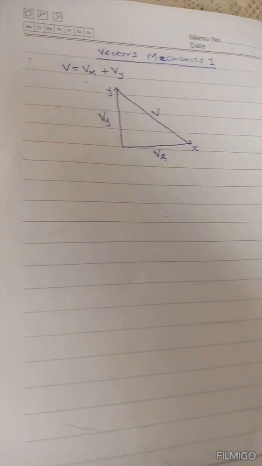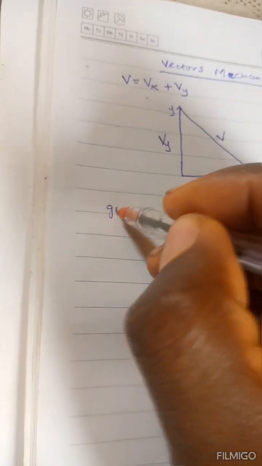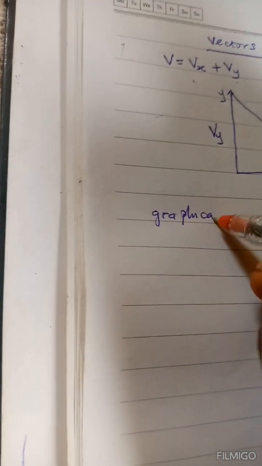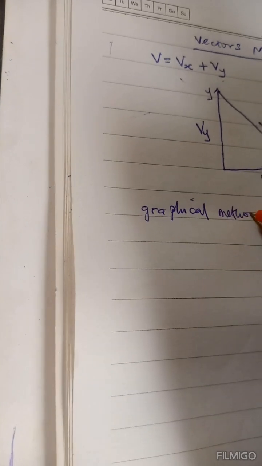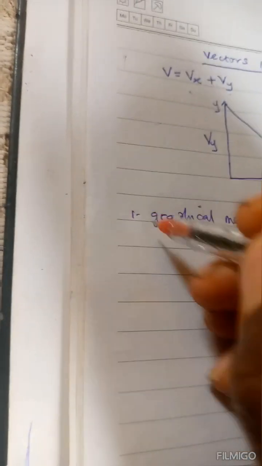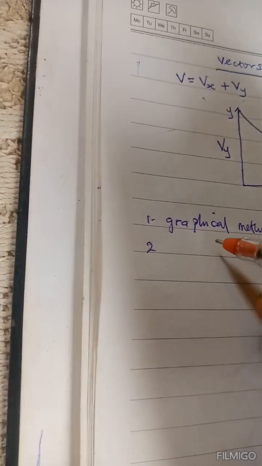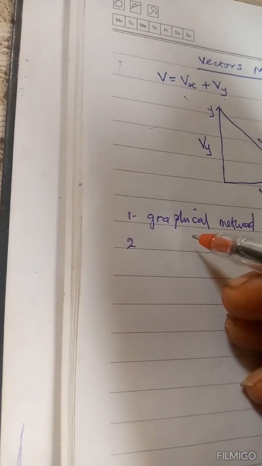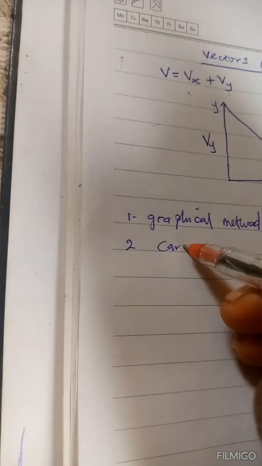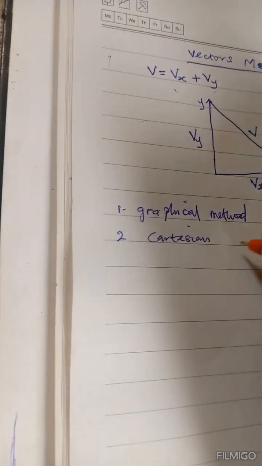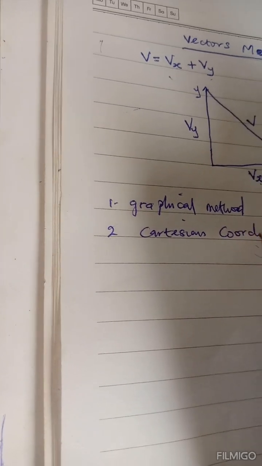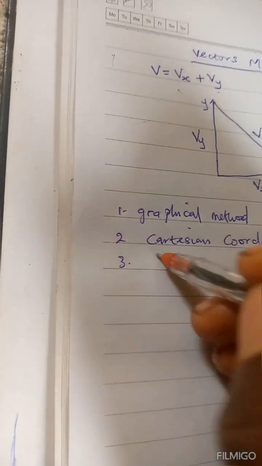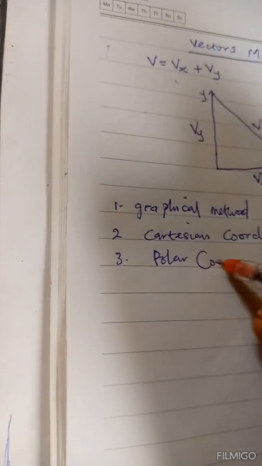We can use the graphical method, we can also use the Cartesian coordinates, and third, we can also use the polar coordinates.